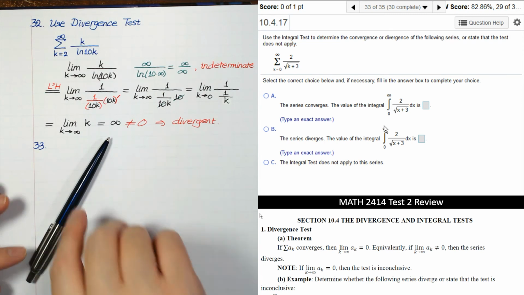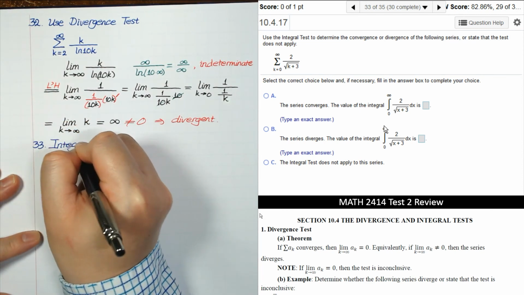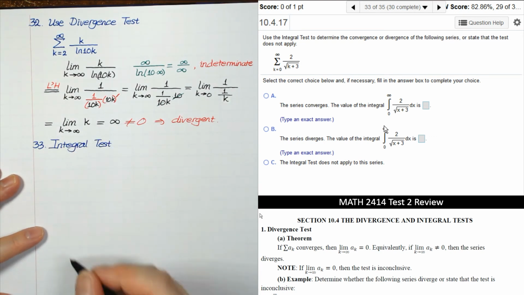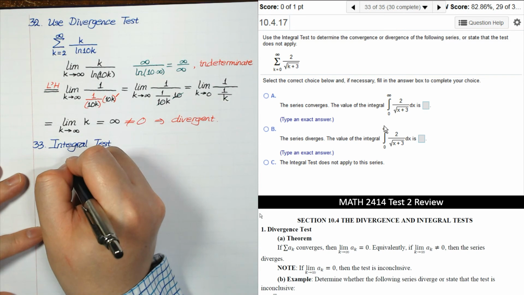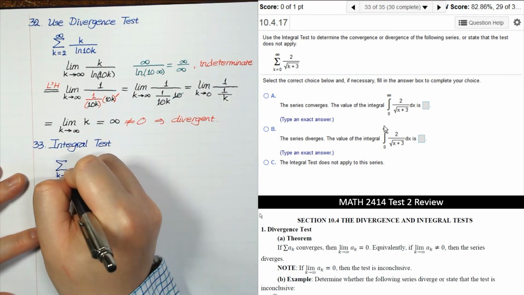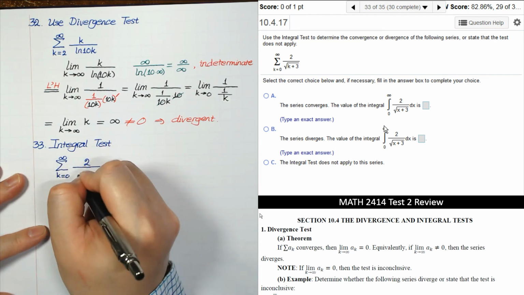Right, now this is the integral test. So in this chapter, actually we have like 10 different tests, and it would be nice if we know when to use what.